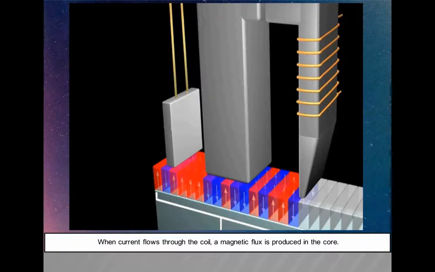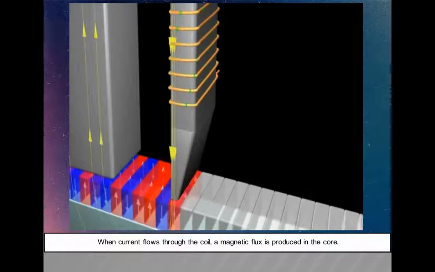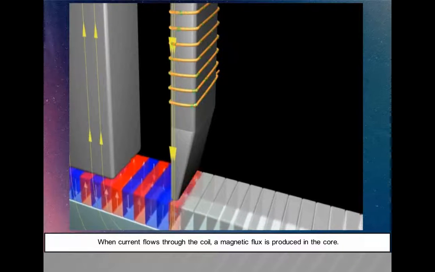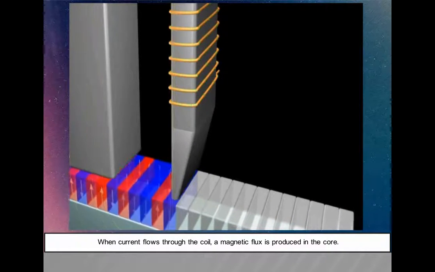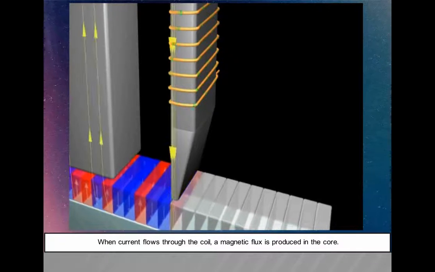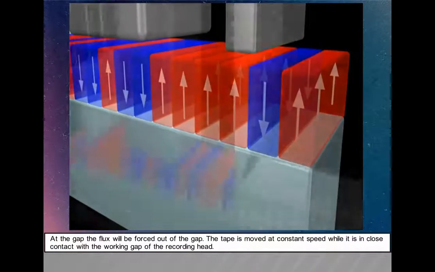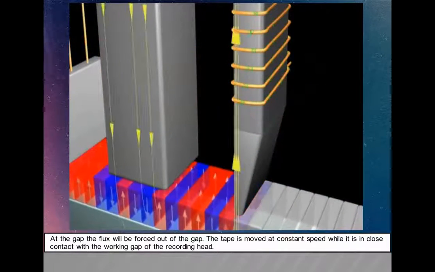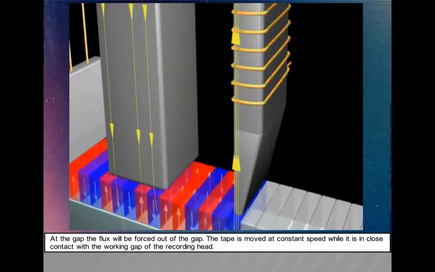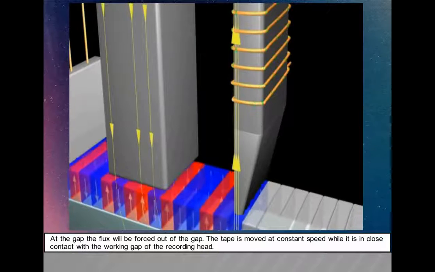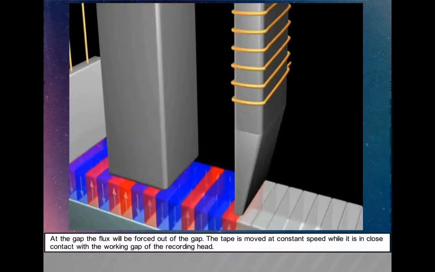When the current flows through the coil, a magnetic flux is produced in the core. At the gap, the flux will be forced out. The tape moves at constant speed while it is in close contact with the working gap of the recording head.